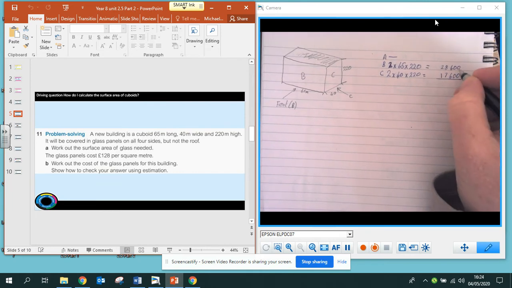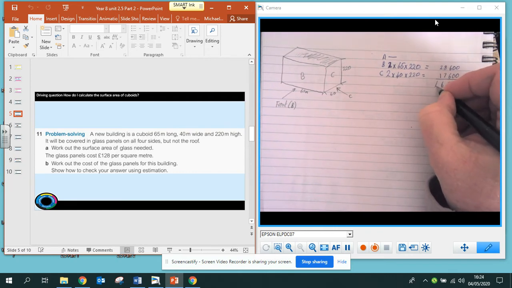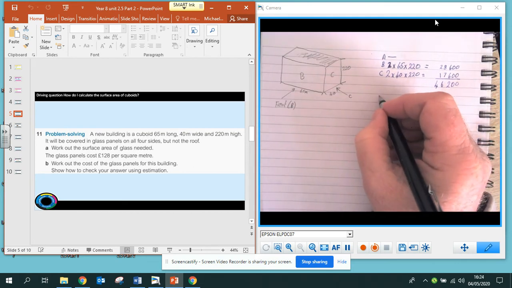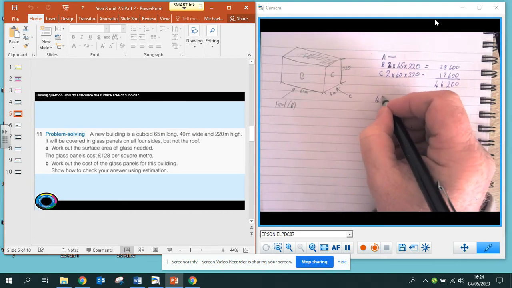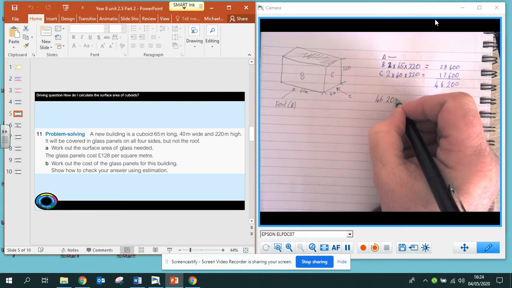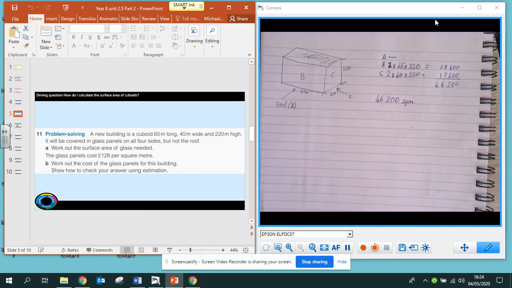If I add those two numbers together, I get 46,200. And because both of the dimensions were in metres, the surface area of the walls of this building is 46,200 square metres. That's the answer to part A. That's how much glass we're going to need. 46,200 square metres, a lot of glass.